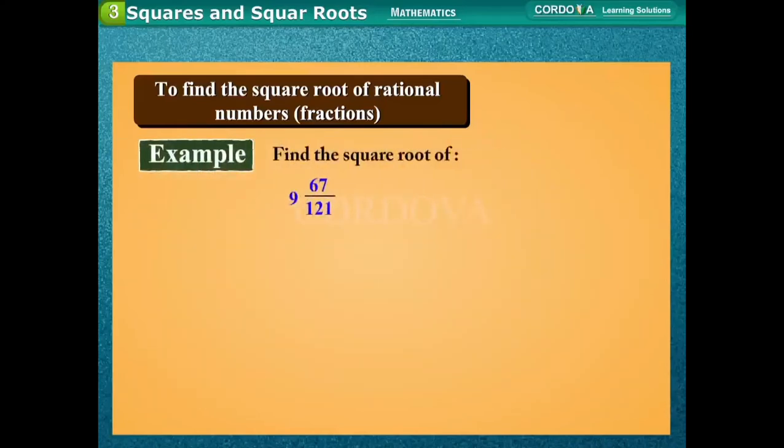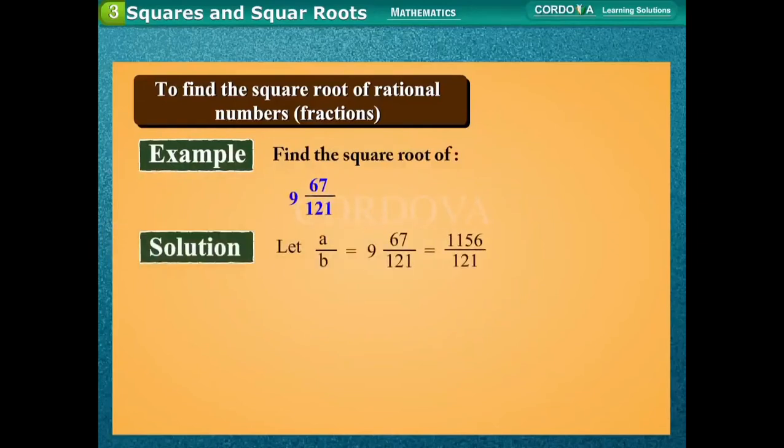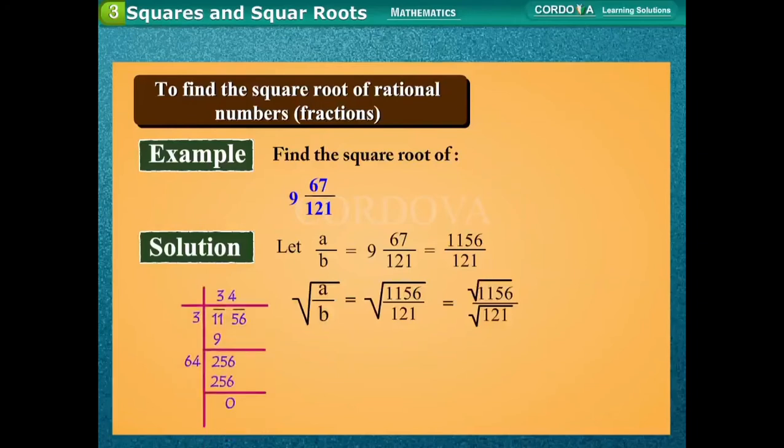Example: find the square root of 9 and 67 upon 121. Solution: let a upon b be equal to 9 and 67 upon 121, which is equal to 1156 upon 121. The square root of a upon b is equal to the square root of 1156 upon 121, which is equal to the square root of 1156 upon the square root of 121.